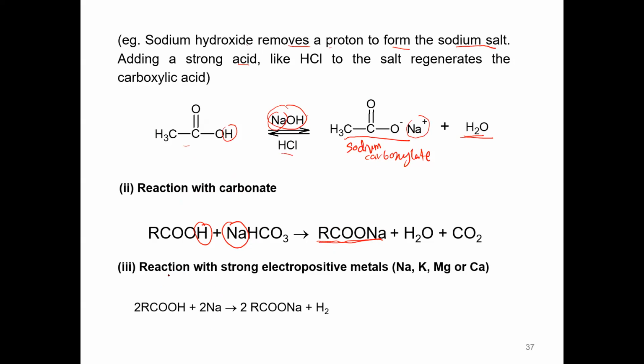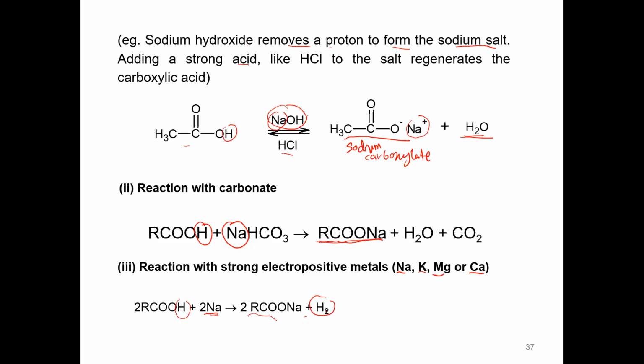Okay, and other than that, reaction with strong electropositive metals such as sodium, potassium, magnesium, or calcium. So the same, the hydrogen from the carboxylic acid will be substituted with the metal. Here the sodium, and it will produce the sodium carboxylate plus hydrogen gas.